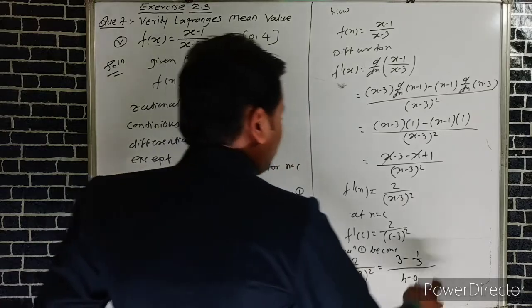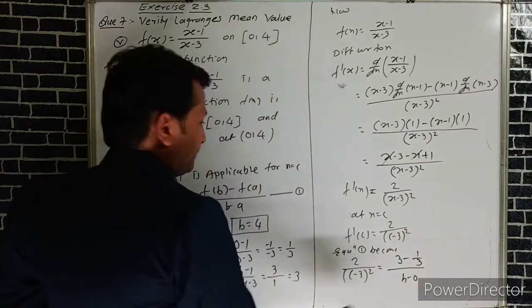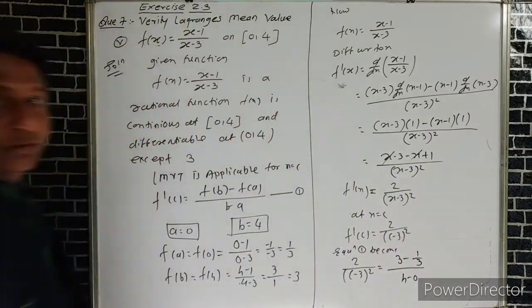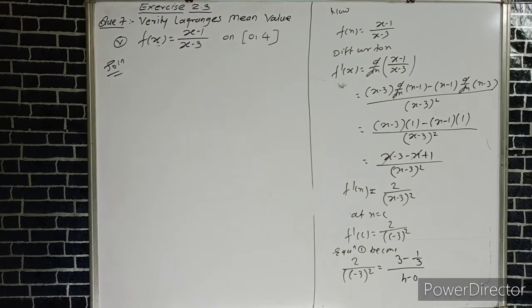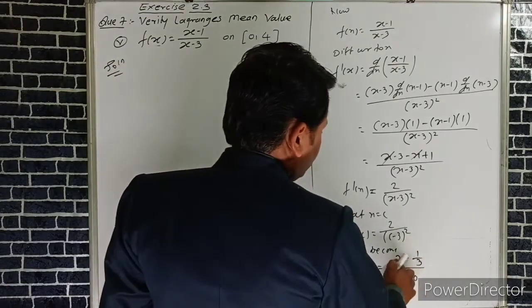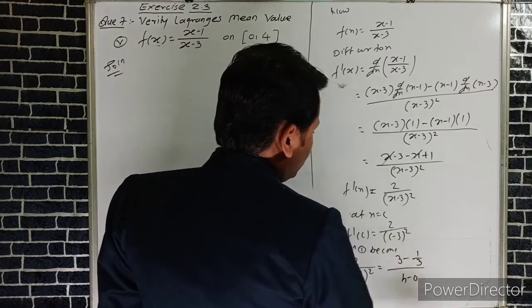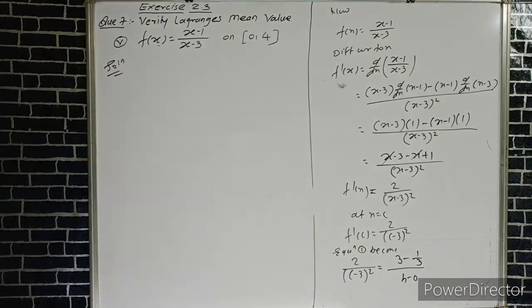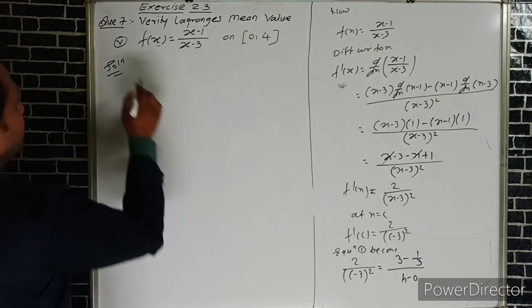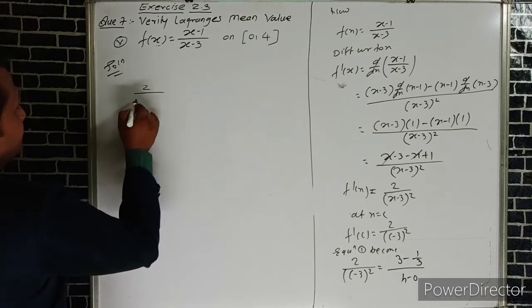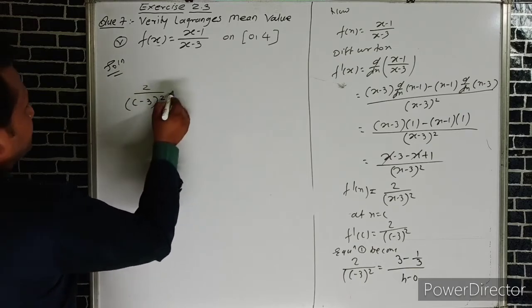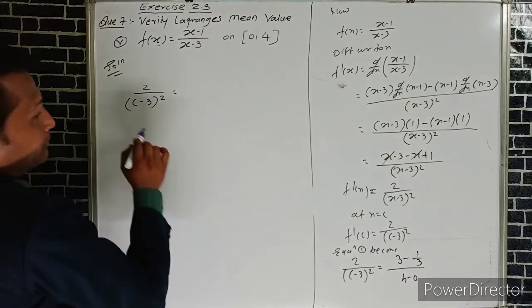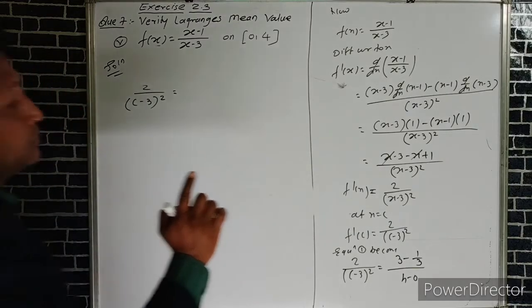If we take the cross product of these both terms, which is 3 into 3, 9 minus 1 upon 3. So we can write this, 2 upon c minus 3 bracket square, minus 2 upon c minus 3 bracket square, the value of f dash of c.